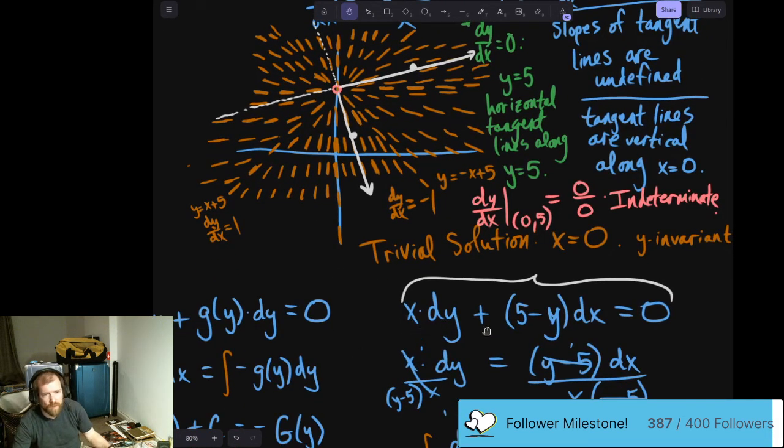Right? x dy plus 5 minus y dx is equal to 0. If you plug in 0, 5 as your point, then it's fine. And if you let y be equal to cx plus 5, then it just comes out as a very nice true statement.